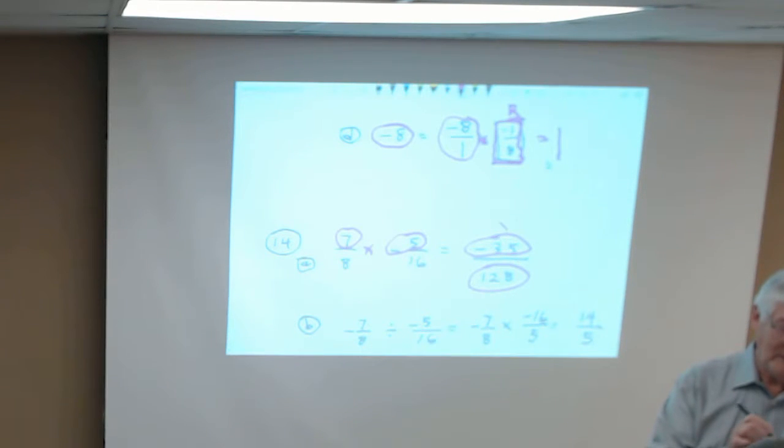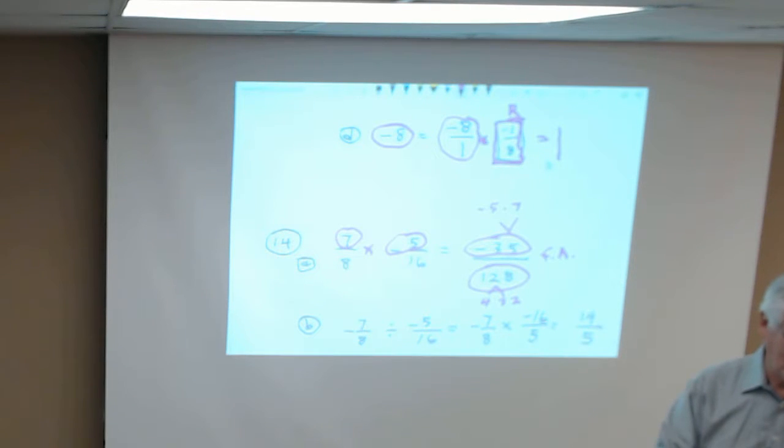Well, if I made a tree, 35 would be negative 5 and 7, wouldn't it? 128 would be 4 and 32. And 32 would be 2 and 16, so I'm not going to get a 5 or a 7 out of 32. So you see where I've gone far enough to say, nope, that's my final answer. Negative 35 over 128.